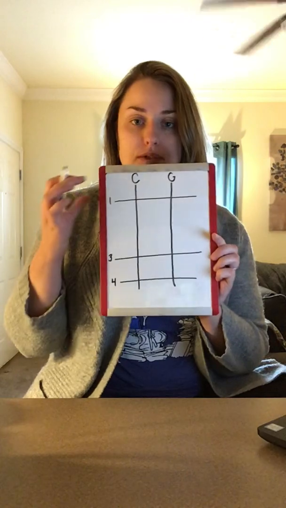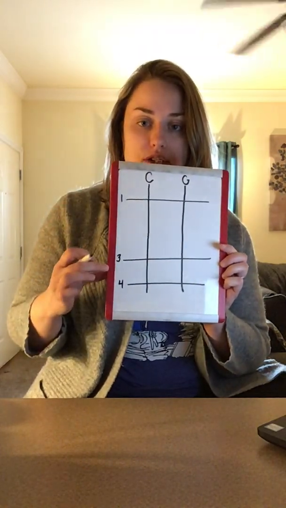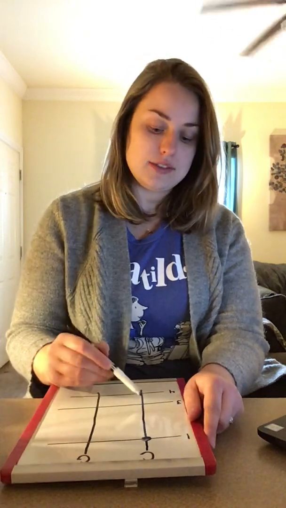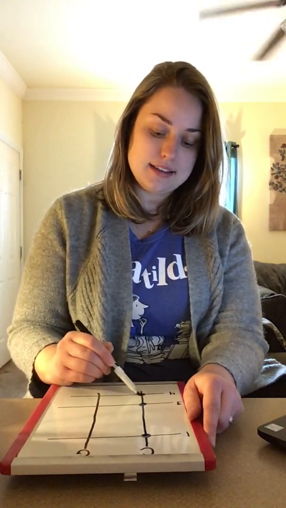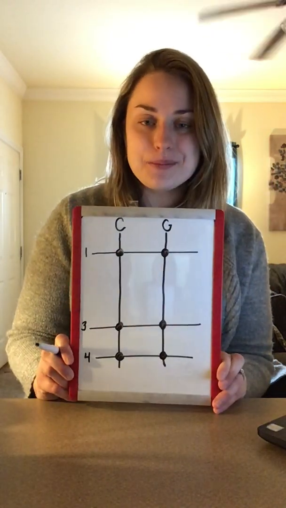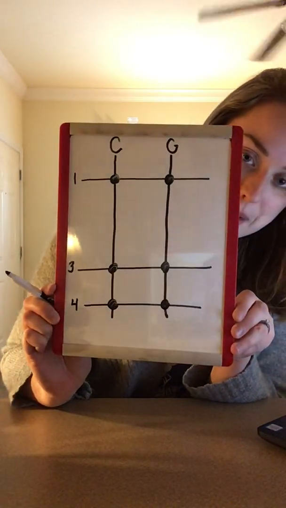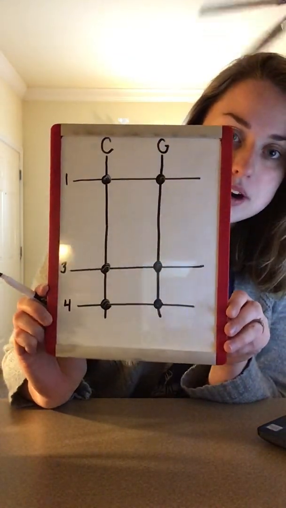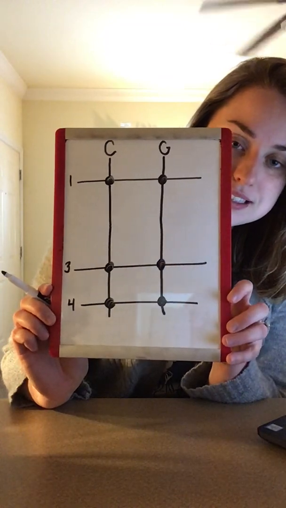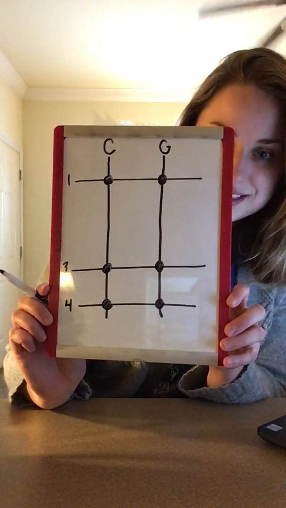Okay, you're going to use first finger, third finger, and fourth finger. So I'm going to draw dots at all of the intersecting points. This is going to help us know which note is which. Okay, and now I am ready to go. I would take this moment to pause the video so that you can copy this onto a piece of scratch paper, a Post-it note, something to have for your reference, okay?